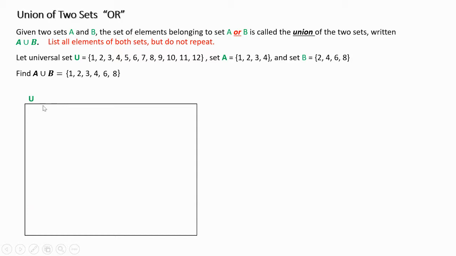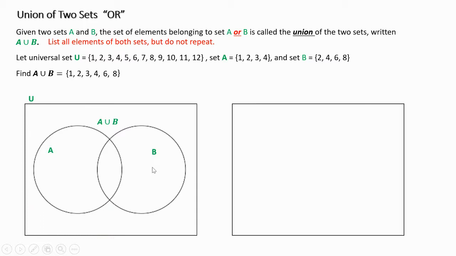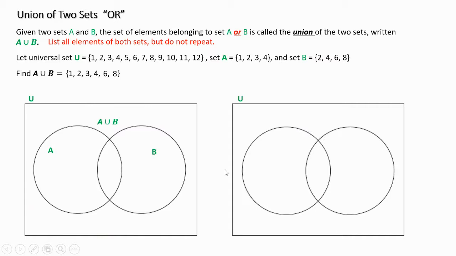Now, here's how to express it in a Venn diagram. You always start where they intersect. The union means everything in both sides. It means all of this right here, so you add everything here: what's in A, what's in A intersects B, and also what's in B. There's 1.